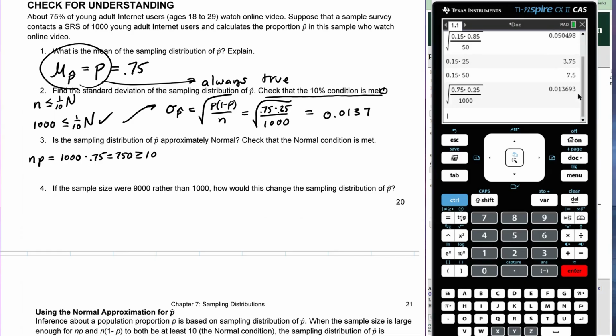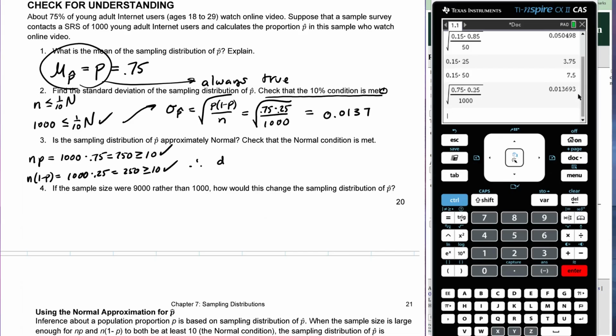All right, question 3. Is the sampling distribution approximately normal? Well, we've already checked to see that we expect at least 10 successes. In fact, we expect about 750 successes. We have to see how many failures we expect. That looks to be about 250. Both of these statements are true, so we'll put little check marks on them.